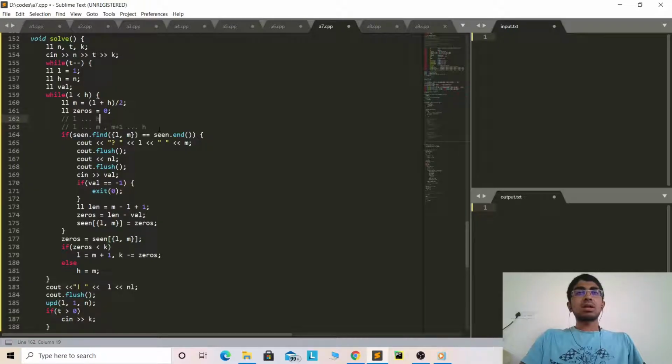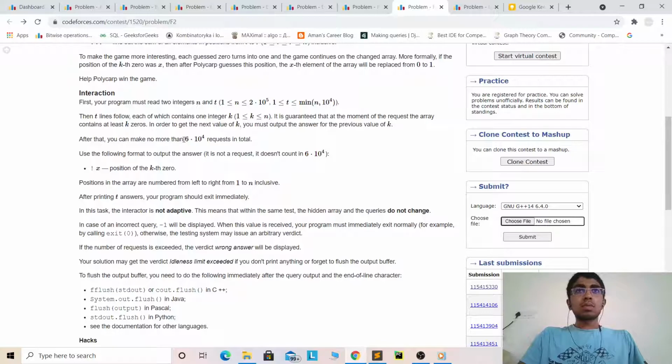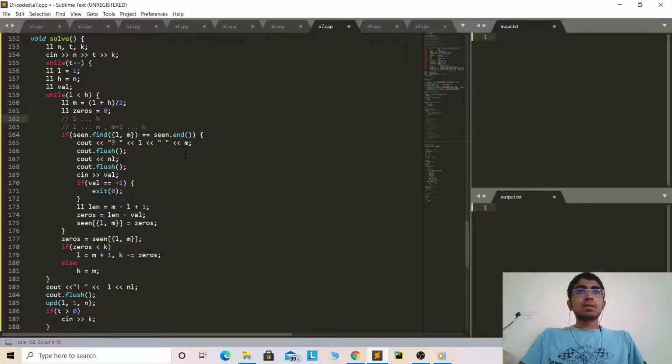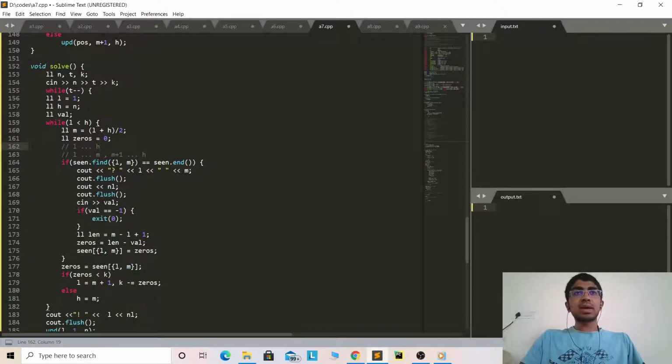At the max we can make 6 times 10 to the power 4 queries. We could use the previous approach without any modifications, but we would get a query limit exceeded error, because each time we do a binary search, we are making the same queries.